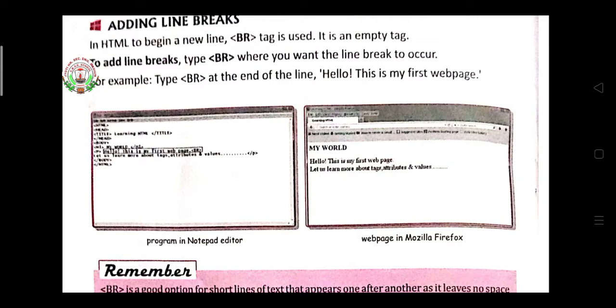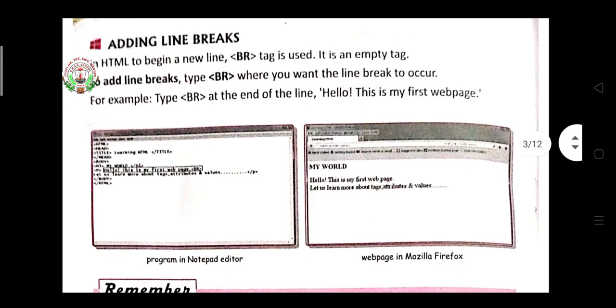If you want to break the line, for example first line, second line, third line without any list, you still have to show in the code that you want that line to be at the next line. So you have to write the BR tag. The BR tag works like the Enter key on the keyboard. Here, see the program.